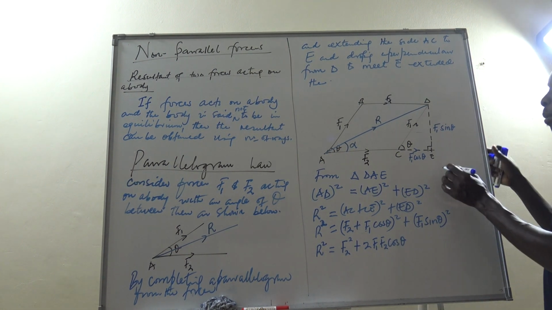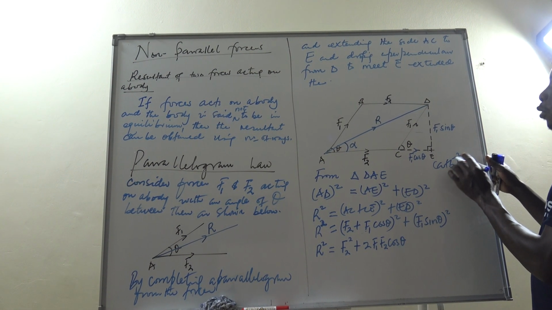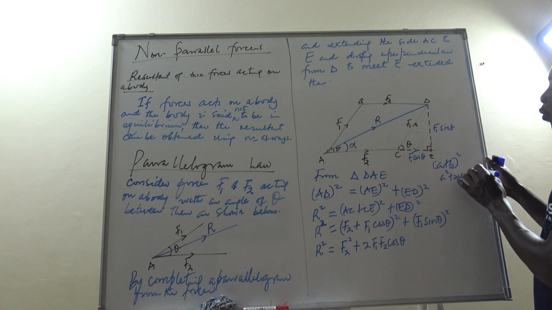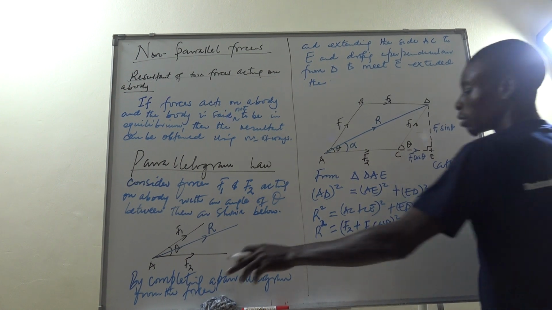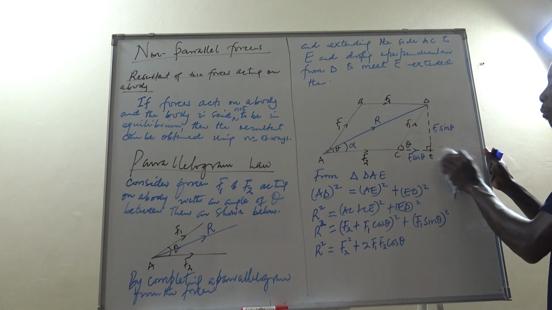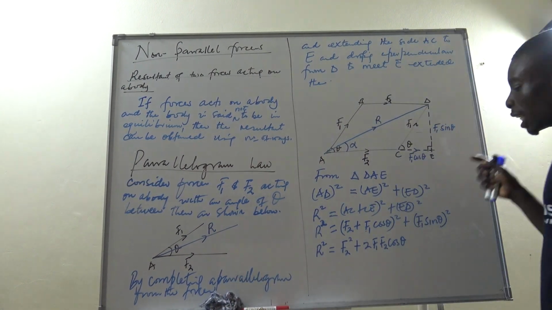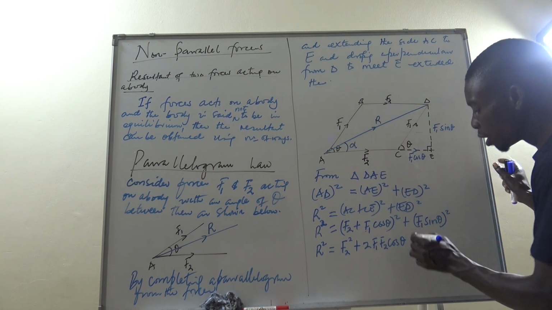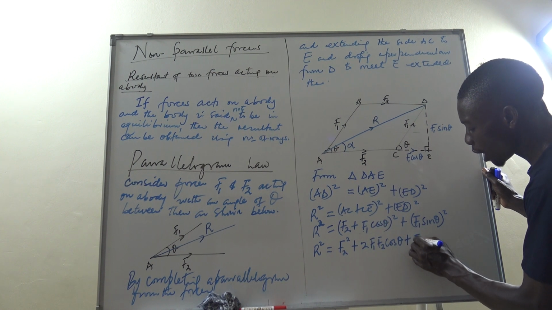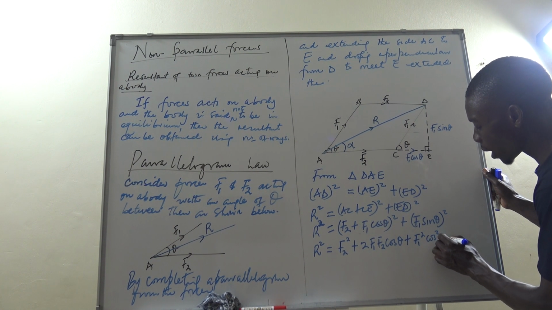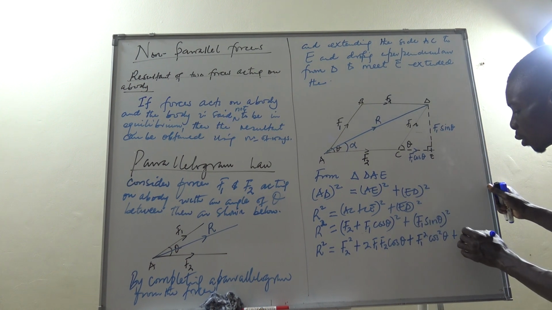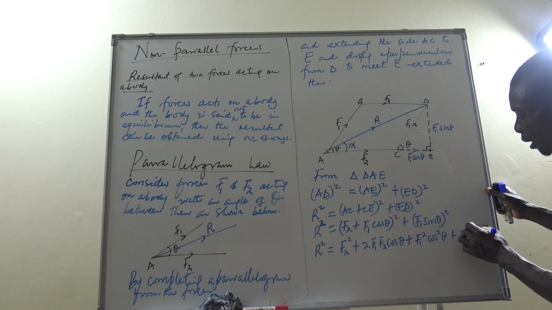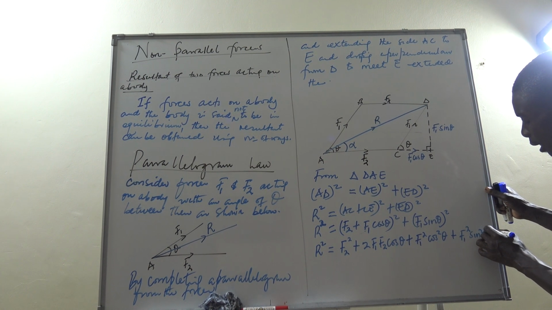You know how to open that from your Maths 1, (A plus B) squared: you square the first one, next you multiply the two plus 2AB, lastly you square the last term alone. So go and remind yourself, we expand that from your pure mathematics. So that's what I did. I squared this, and then I multiplied this times that, and then I square this one here to give me F1 squared cos squared theta, and then this one also is going to give me F1 squared sine squared theta.